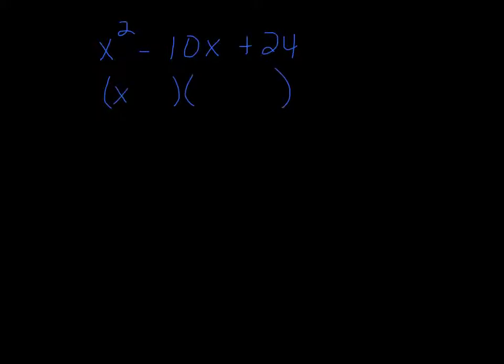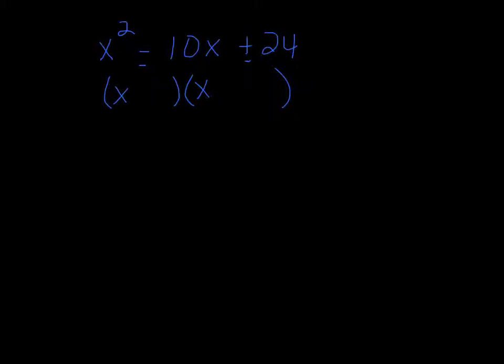Alright, now how about we do x squared minus 10x plus 24. Okay, so let's think about what's going to fill in right away. We know our x is going to go up front. We need a positive when we multiply, but we need a negative when we add.